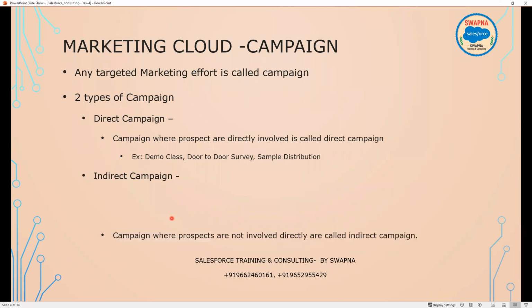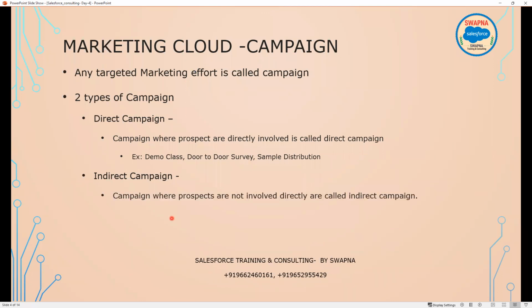Indirect campaign is a campaign where the prospects are not involved directly. Examples are TV advertisement, paper ads, banner posts, theater ads, or YouTube channel ads. Those are all indirect. So direct campaign is nothing but which has clarity. Indirect campaign is nothing but an assumption.